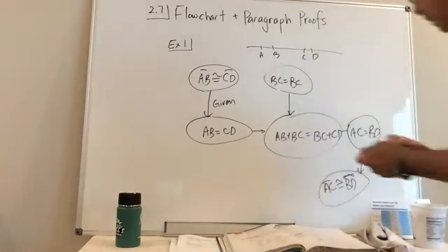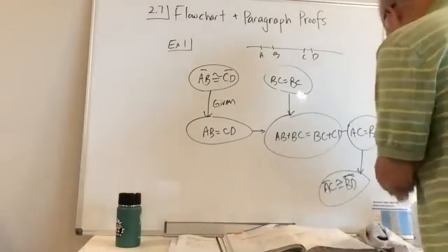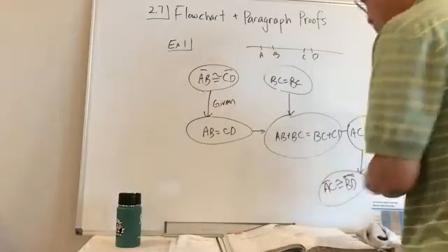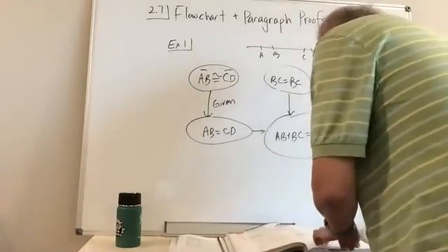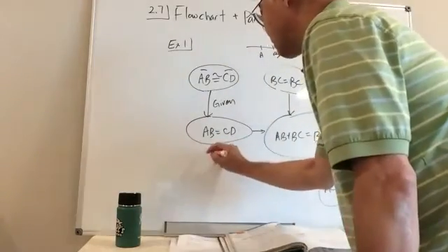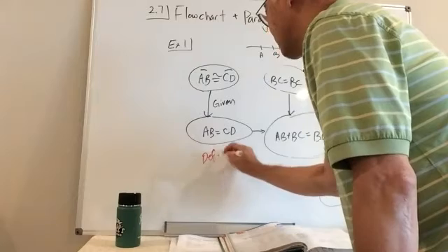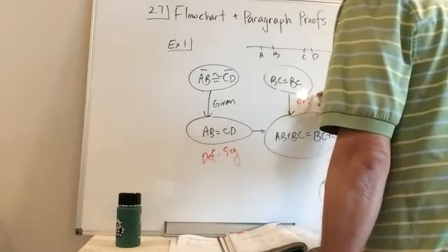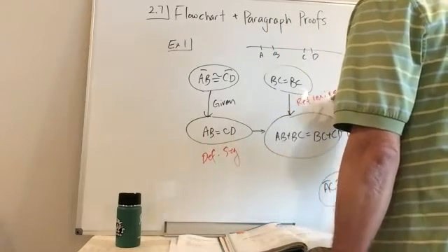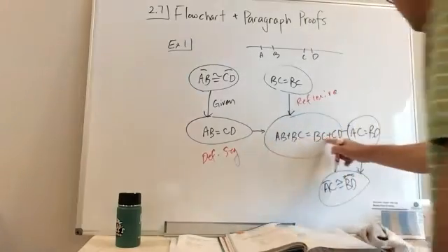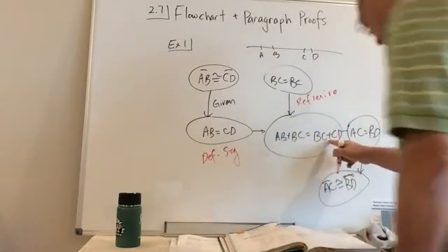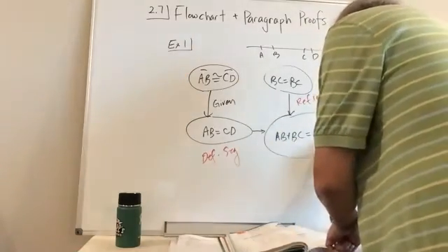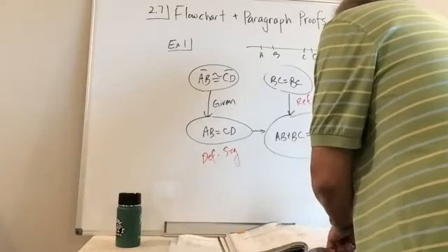Okay, now I did not write all the givens or the logic here, so let's go ahead and write that. This was the definition of the segment, right? And this is the reflexive property. Then you come down here, and this is the addition. So it's the substitution.